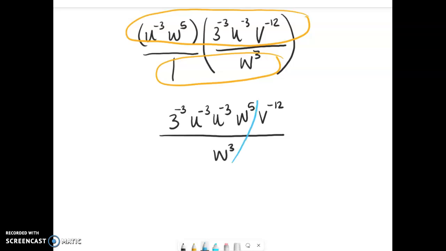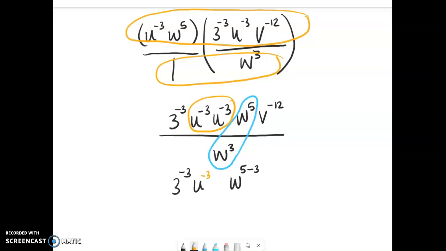So the w's, they are like terms. And remember, I can combine like terms that are divided by saying this would be w to the 5th power minus 3. So rewrite the w, take the numerator exponent, subtract the denominator. The u's, well, this is multiplication of like bases.